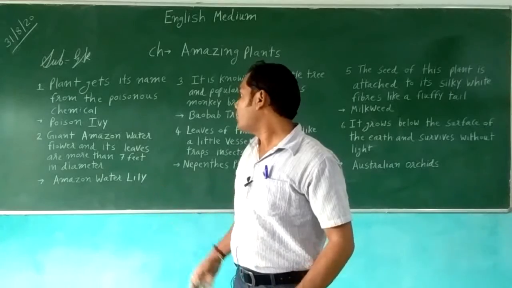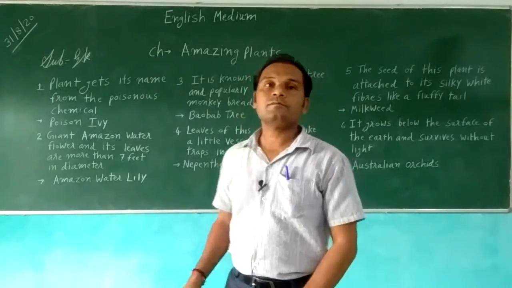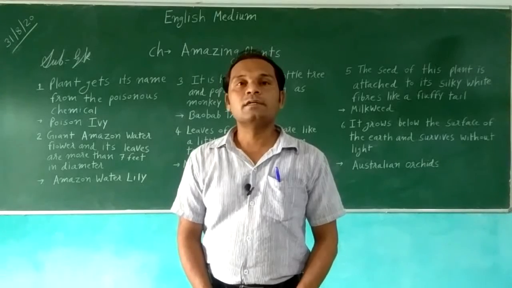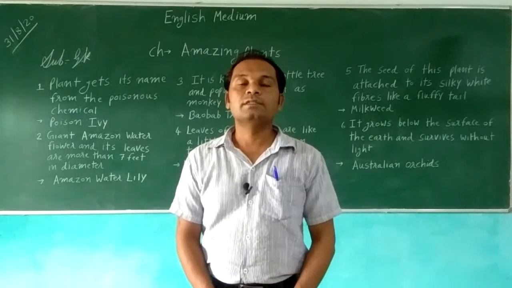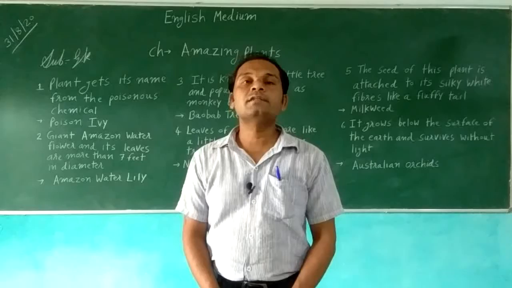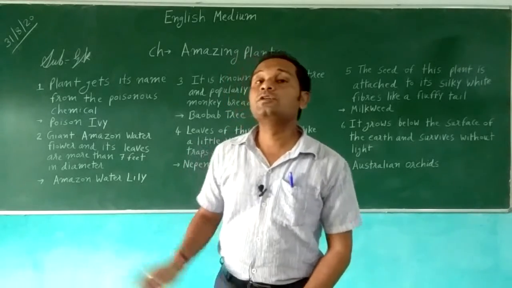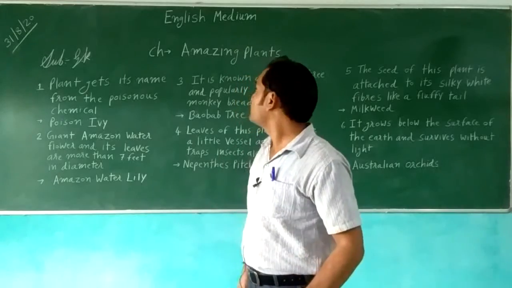So how big those leaves are! It is the Amazon water lily. You can see that its leaves are more than 7 feet in diameter. So it is a huge plant.